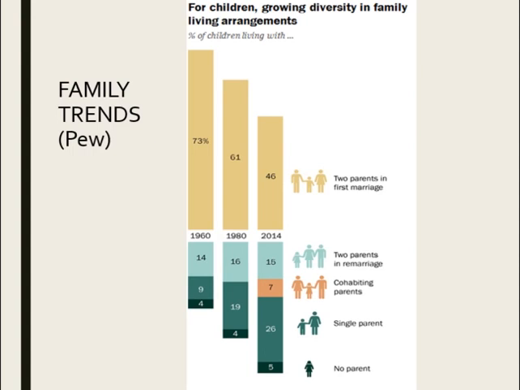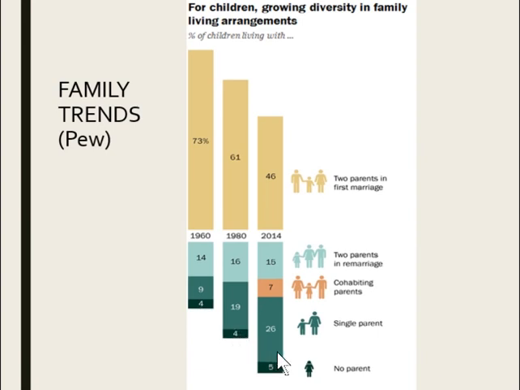If you look at the bottom, you can see that there's not much of a difference in 2 parents in a remarriage, but cohabitation has got its own category now. And 7% of families being made up of cohabitating parents is a pretty high figure if you look back to the 60s where it didn't exist.